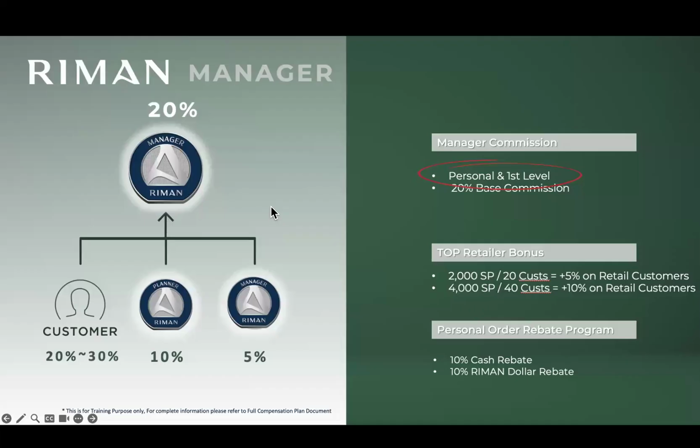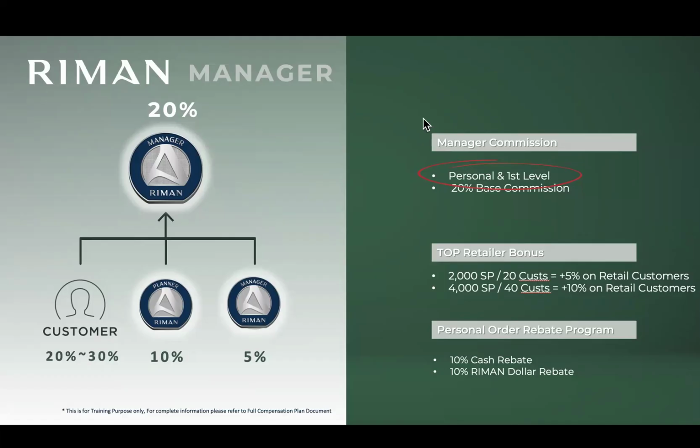But here is a nuance that I want you to pay attention to right here. You see personal and first level. Remember I said compensation drives behavior. A comp plan is promising to pay you money as you do the behaviors and the work, right?